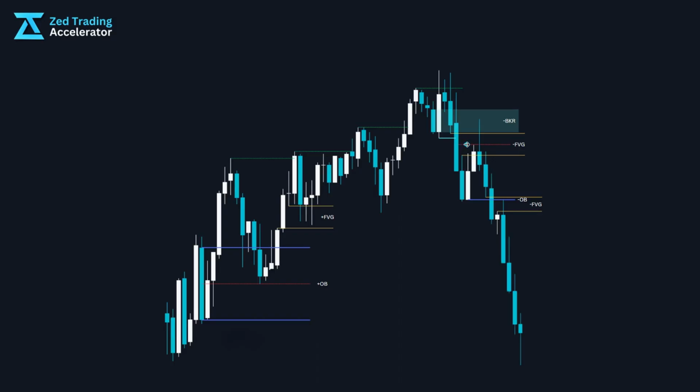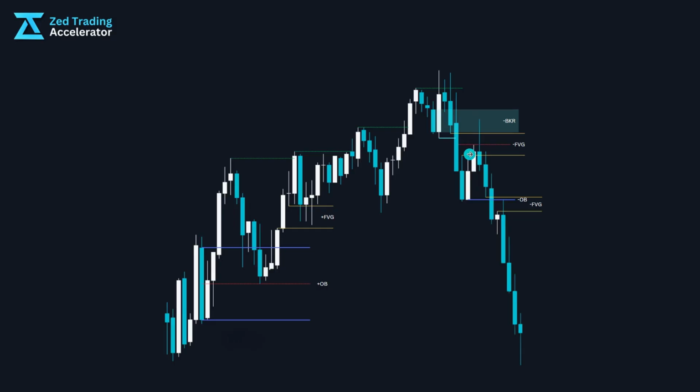We want to see price go lower after this beautiful reaction. But still, price tried to continue going higher, but it failed to close above this fair value gap, rejecting very strongly in this breaker block.